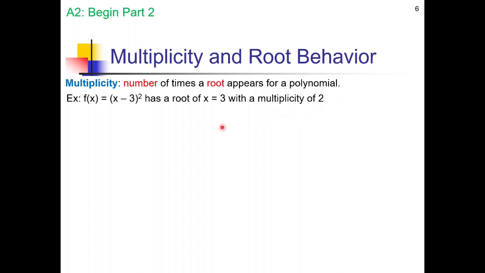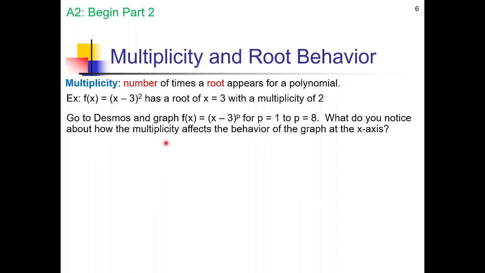So one question we might ask is, does the number of times a root appears for a polynomial affect how that polynomial behaves when it hits the x-axis? Certainly we're going to touch the x-axis at x equals 3 for this one, but are we going to go through or bounce or do something else weird?